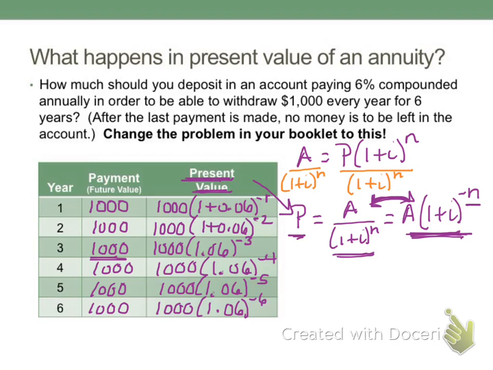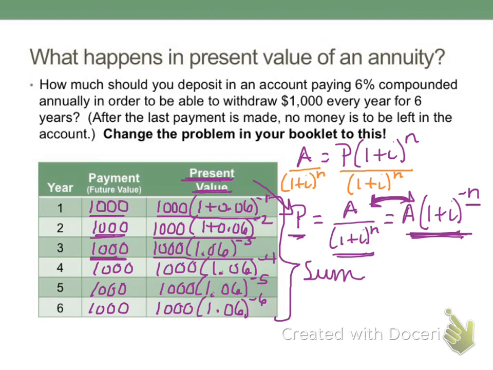Okay, so this table has helped me to see what I need to do to get that particular payment, and what I need to do here to get this particular payment, and what I need to do here to get this particular payment, and so on. So the present value for the entire annuity then is going to be the sum of all of those.